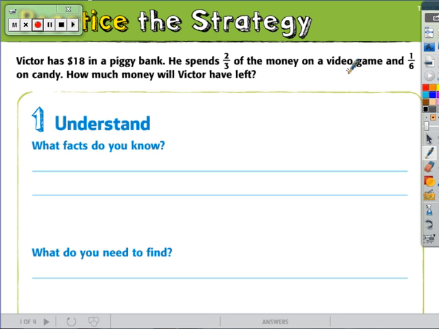Victor takes his $18 and he spends 2/3 of it on a video game. And then he spends 1/6 of it on a candy.